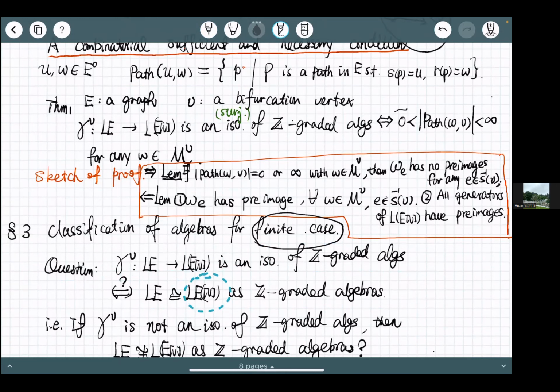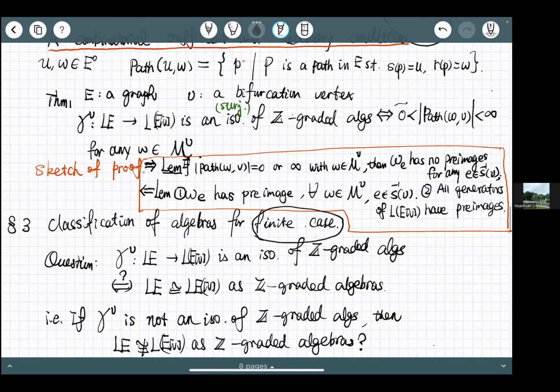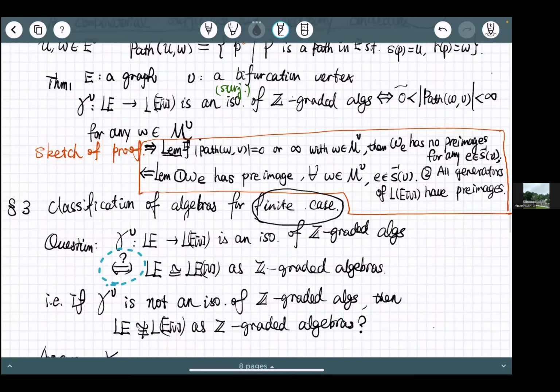But we want to ask whether this is an if and only if. That means we need to answer: if gamma V is not an isomorphism, then LE and LEV are not isomorphic as Z-graded algebras. So this is our question.